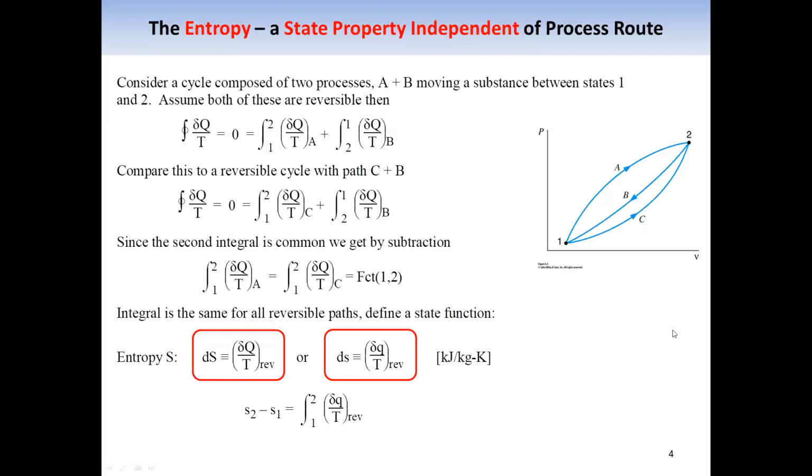So we can say any state on this map will have a specific entropy associated with it. And then the change of entropy from state 1 to state 2 can be represented by this integral.